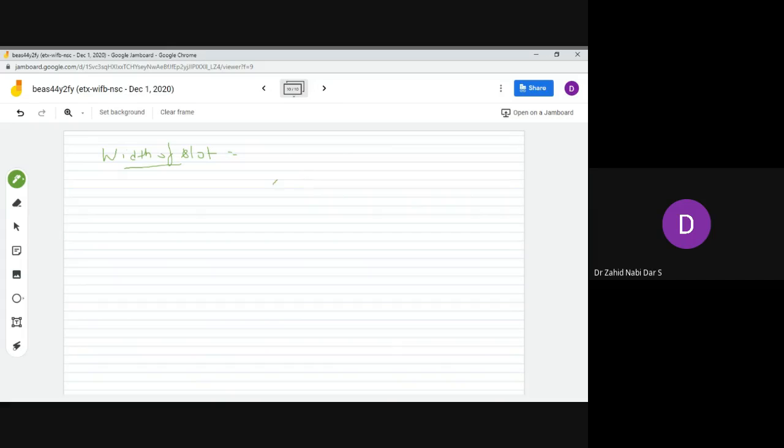So if I draw like this, this is what you have to calculate. So in order to calculate this width, we have to go for the total width, and the width of the slot would be equal to basically your slot pitch minus the minimum width you calculated. So your slot pitch minus the minimum width would be the width of the slot.